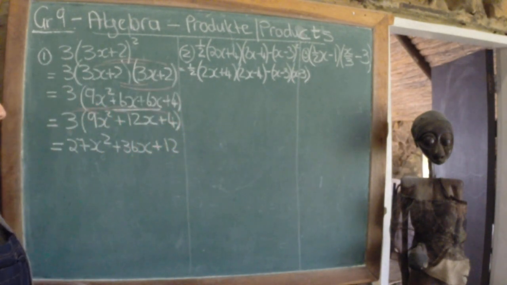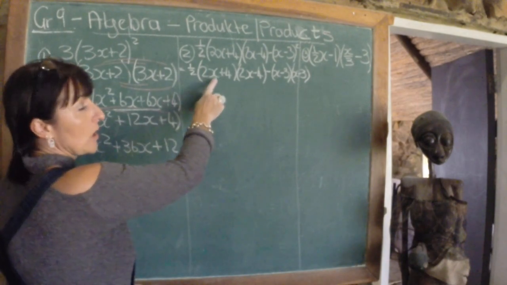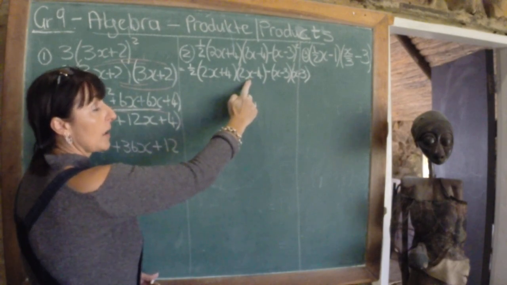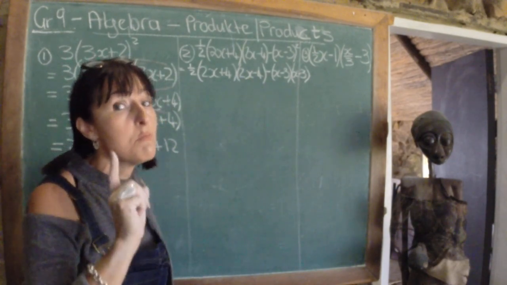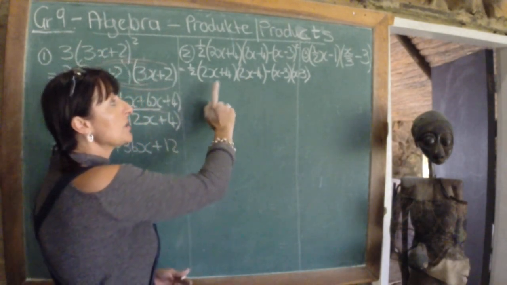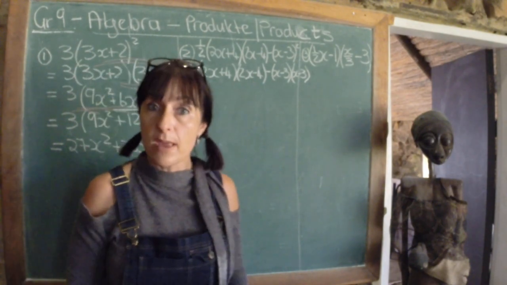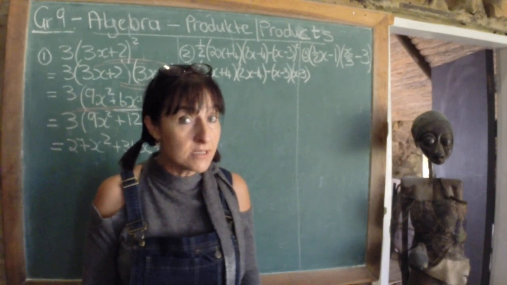Very important. Nou herken ek iets wat juffrou gister vir julle geleer het. Kan julle sien dat hierdie hakkie en daai hakkie identies is aan mekaar, maar the one's got a plus and the other one a minus. Can you remember what we do when that happens?